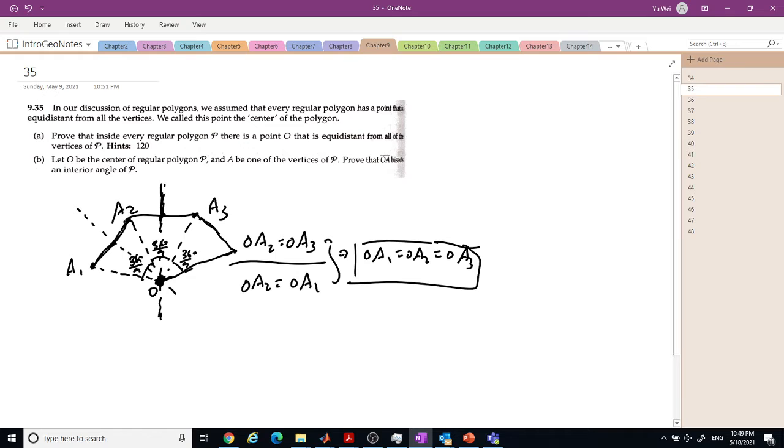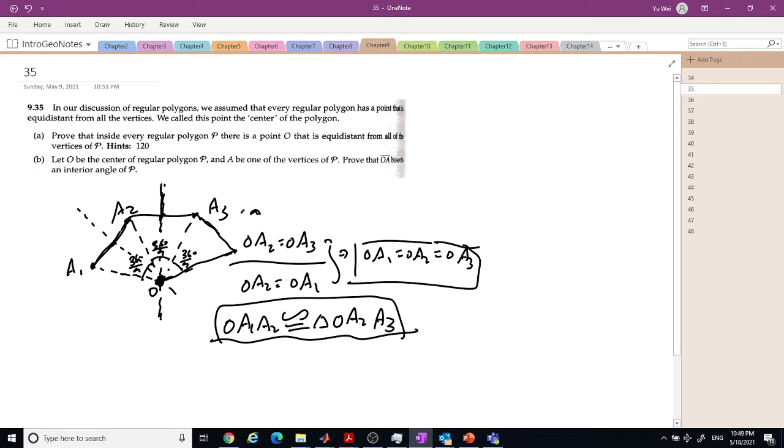Based on this, we can prove triangle OA1A2 is congruent to triangle OA2A3. Then we find the center point O.